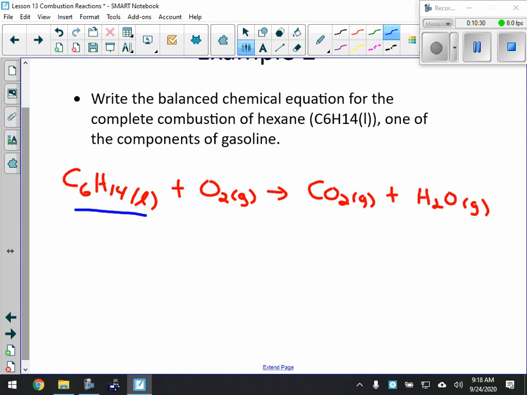But if I start here, for example, 6 carbons, I'd probably go to here and put 6 carbons, yes? Good so far? Now, you'll pick up on a pattern here when this is going to happen, but there's 14 hydrogens here, yes? So what do I put over here? What's that? 7, right? 7 times 2 is 14, yeah?